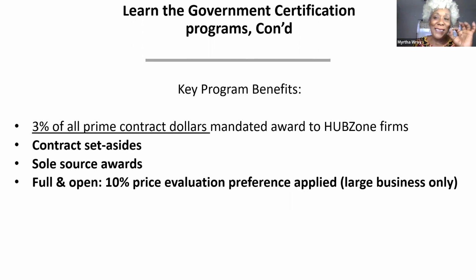Sole source means there's zero competition, because you have demonstrated to the government that you can deliver the services competitively, with the right resources. Usually sole source also covers that you have a specialized service, so there are not many people that have what you have to offer.